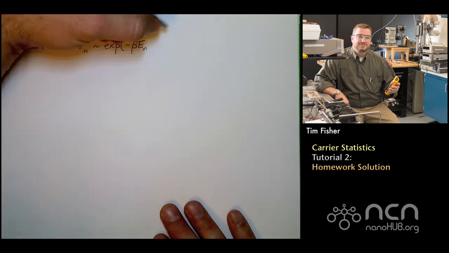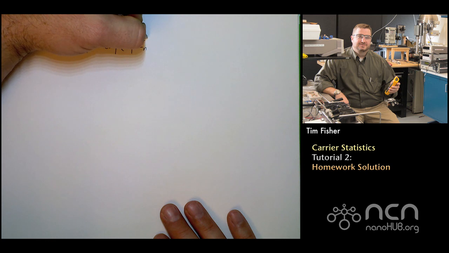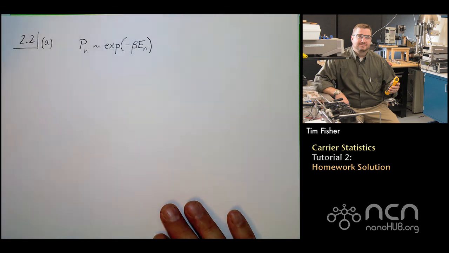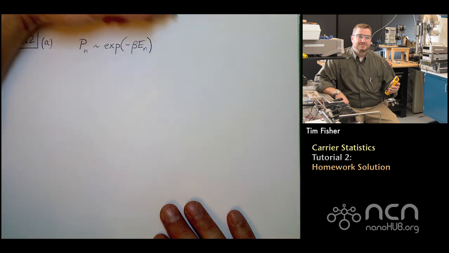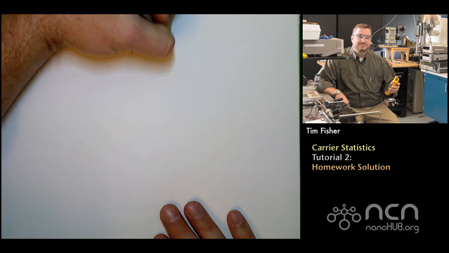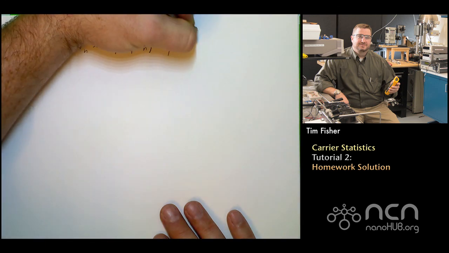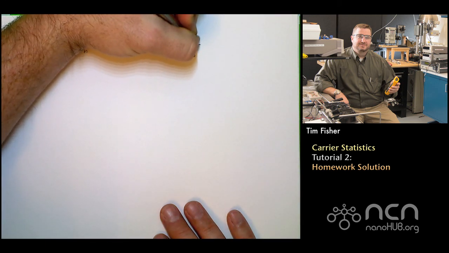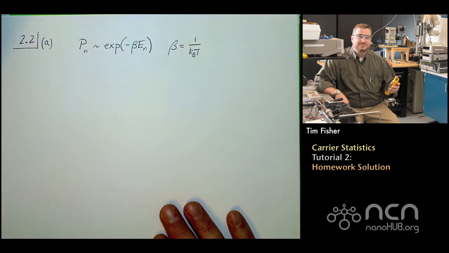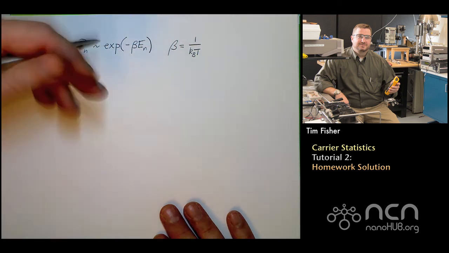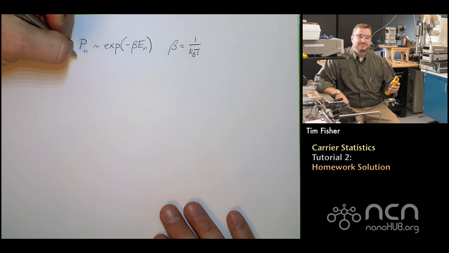There can be other terms, but in this case we're using simple statistics, not worrying about the chemical potential and the number of particles. And just so that we can be clear, beta is the inverse of what we've been calling the thermal energy, kBT. If each state is proportional to this exponential factor in terms of probability, then the sum of all of those probabilities has to be 1, and the partition function is what we use to normalize.